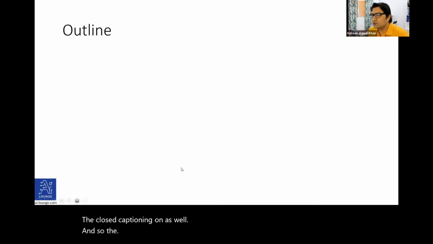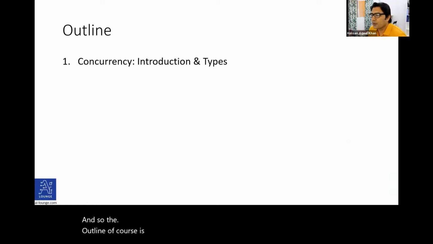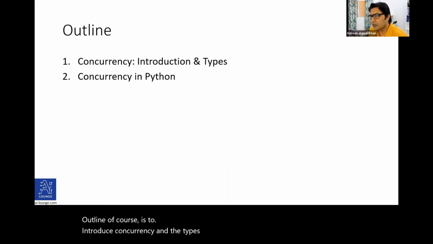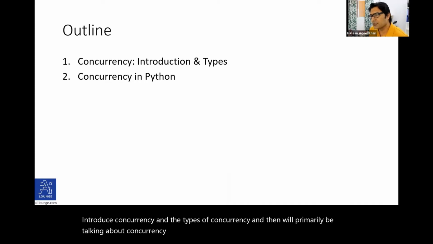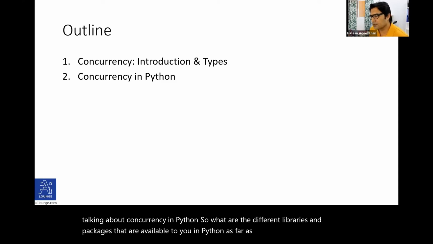The outline, of course, is to introduce concurrency and the types of concurrency, and then we'll primarily be talking about concurrency in Python. What are the different libraries and packages available to you in Python as far as concurrency and parallel programming is concerned?